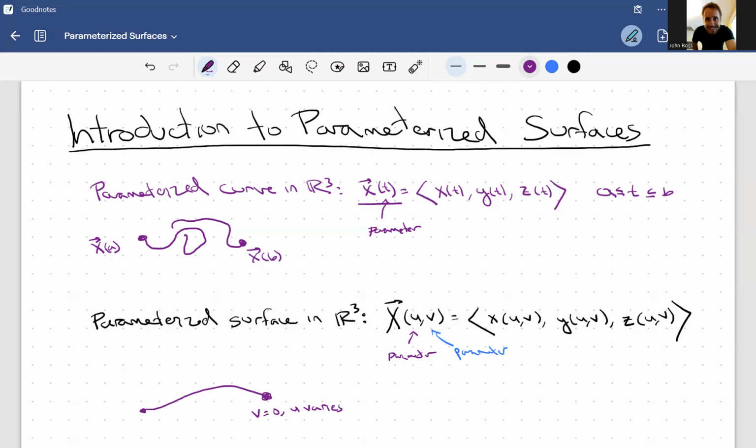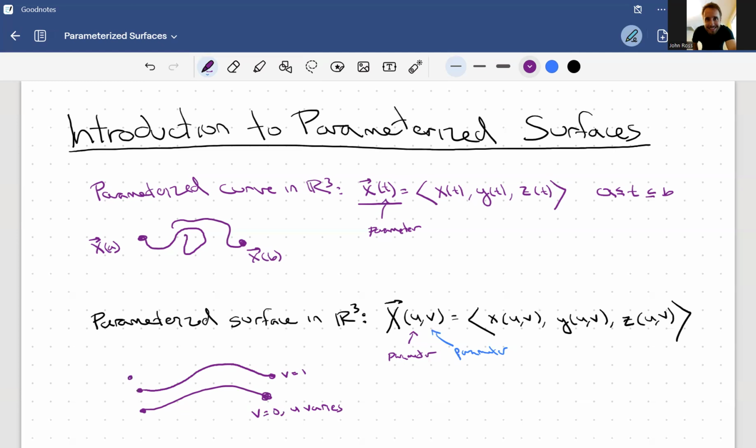If we were to pick a different v value, so let's say now not v equals 0, but v equals 1, we would have a different point. This is going to be x of u comma 1, y of u comma 1, z of u comma 1. So it's a different point in space. But again, as v is fixed and u varies, we might trace out a slightly different parameterized curve. And so this is going to be v equals 1.